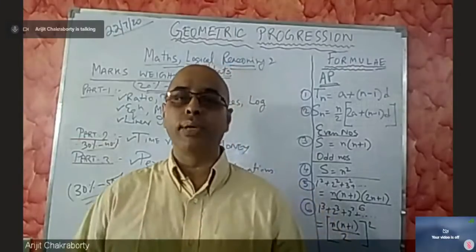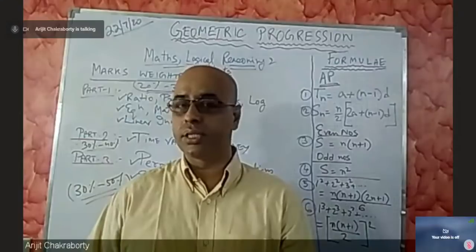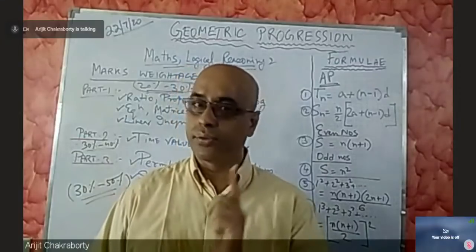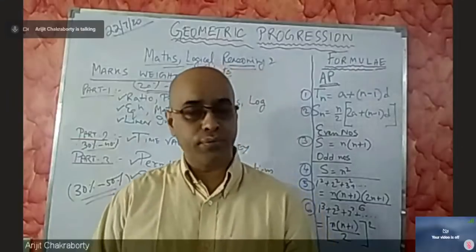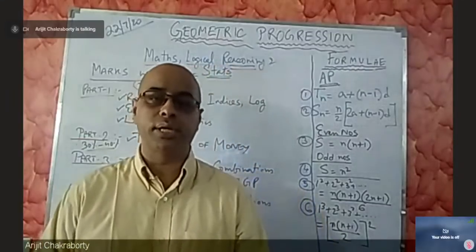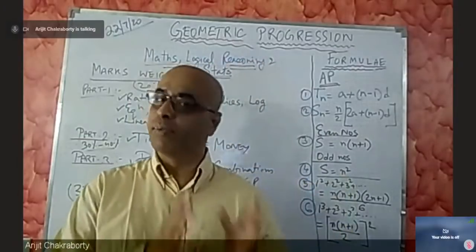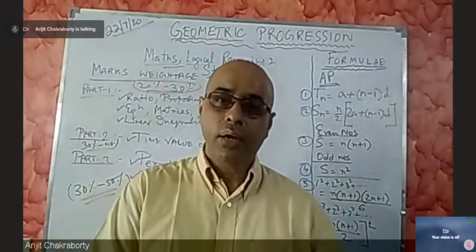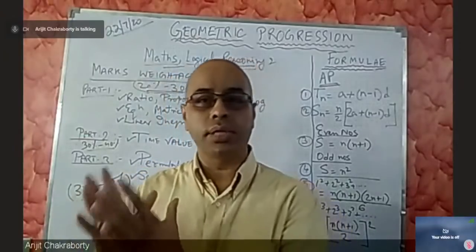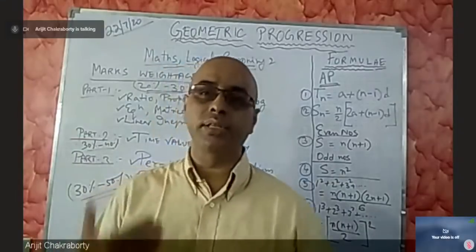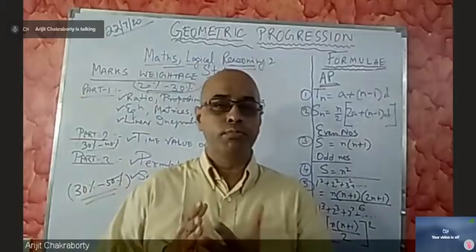We are now left with sets, relations and functions, which we shall be doing tomorrow, 23rd of July. And then we shall move into differential calculus on 25th. And on 27th, we shall be completing integral calculus. So your mathematics portion will be over. After that, we shall be moving into logical reasoning, and thereafter we will move into statistics. That is the game plan, that is the agenda, that is the sequence in which we shall be proceeding.